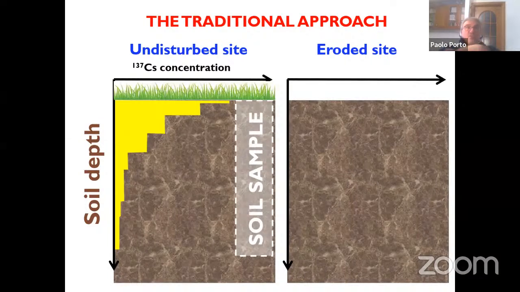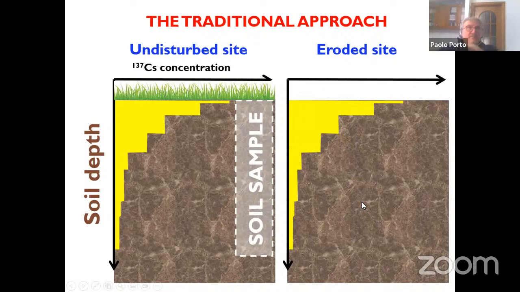So let's go now to an eroded site, one point where we want to know the amount of soil eroded. In this place, clearly there was at the beginning the same amount of cesium-137 that came from fallout, so at the beginning you should have something like that.